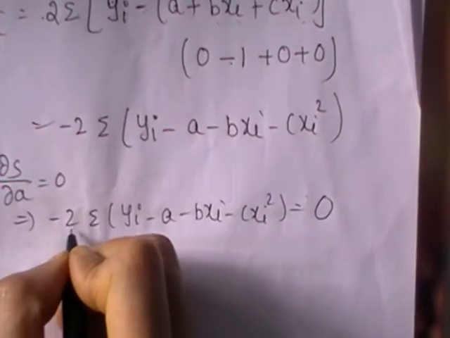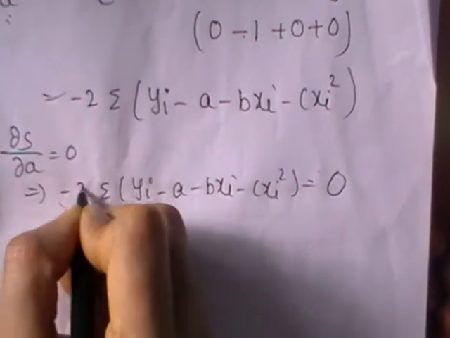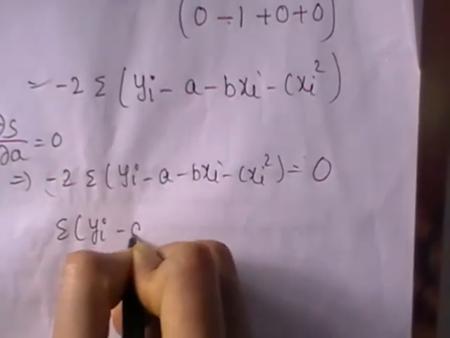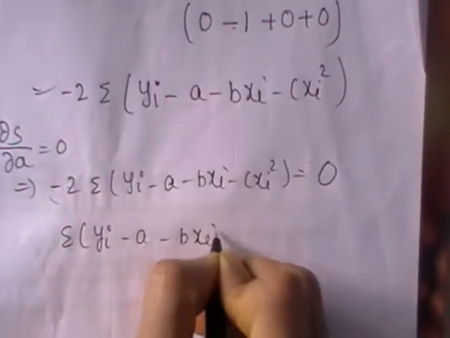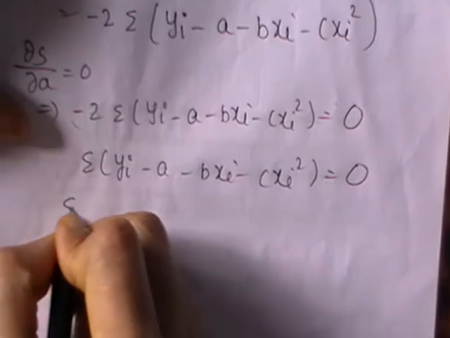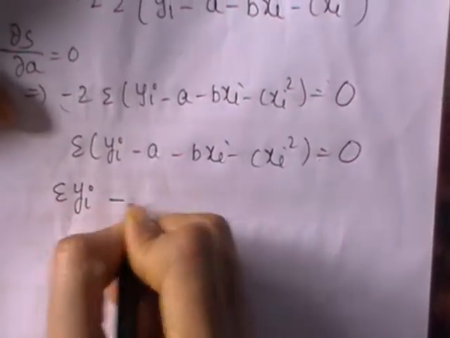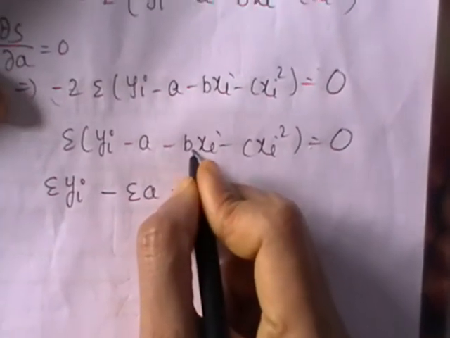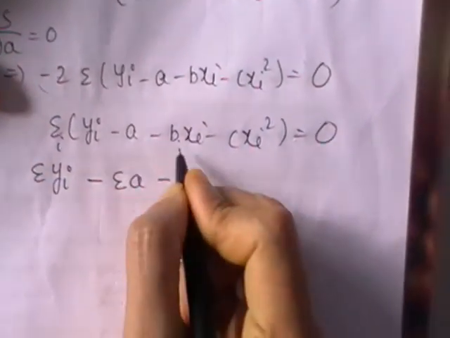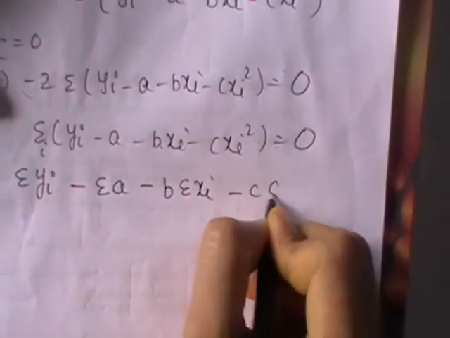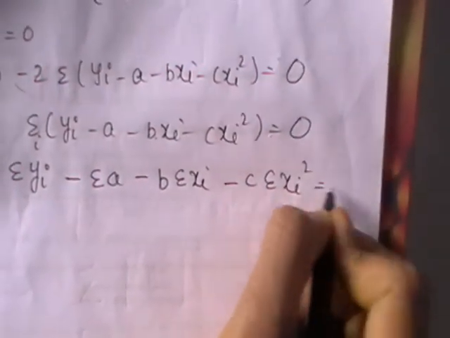The same logic. If you take this minus 2 to the RHS, you will get sigma yi minus a minus bxi minus cxi square is equal to 0. Let us take this sigma to each and every term. Sigma yi minus sigma a minus b sigma xi minus c sigma xi square is equal to 0.